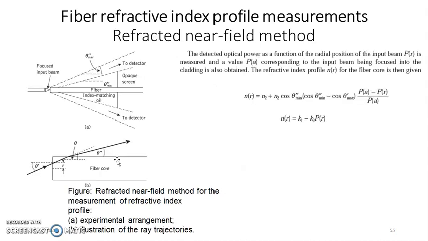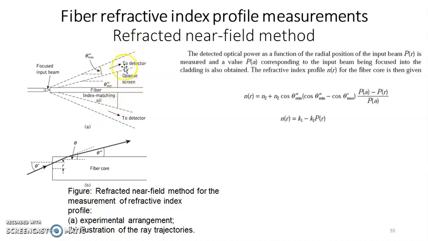Now next is the measurement using the refracted near field method. In this case, the experimental arrangement is as follows. We have a focused input beam, then the fiber, and the light is launched from the focused beam. Some of the signal is detected from the given fiber position, with index matching oil or an opaque screen.